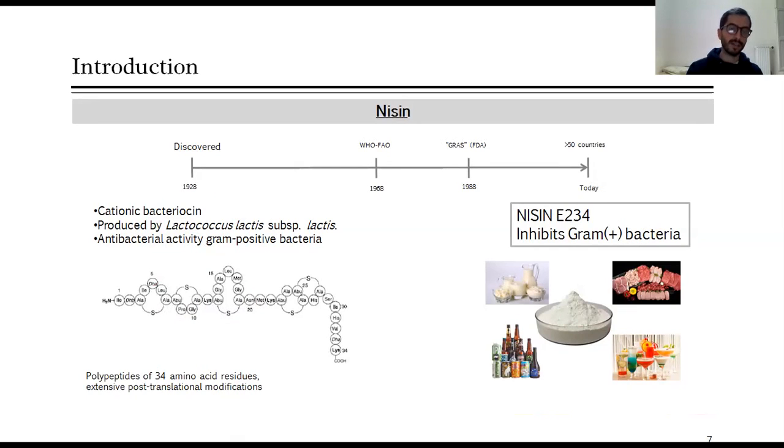This antimicrobial peptide is constituted by a polypeptide of 34 amino acid residues. It's secreted by Lactococcus lactis subspecies lactis, and has the ability to inhibit gram-positive bacteria.